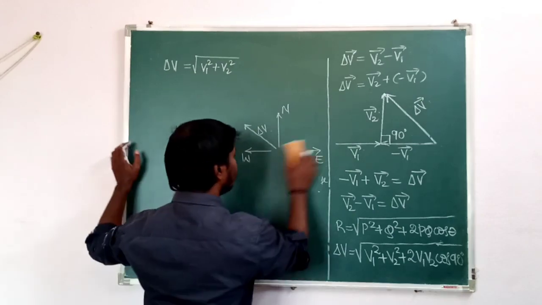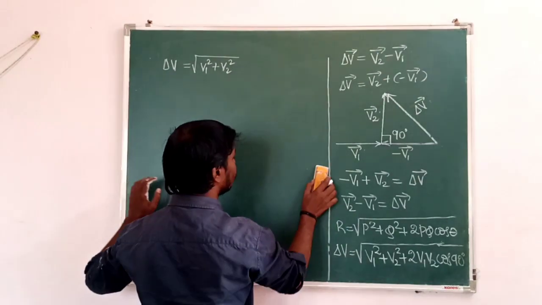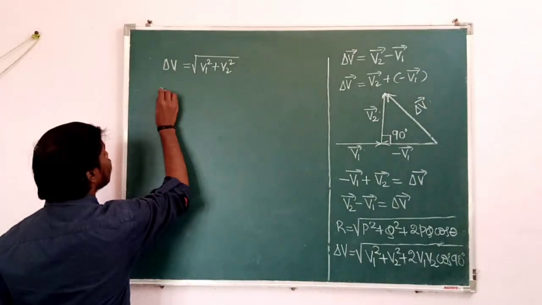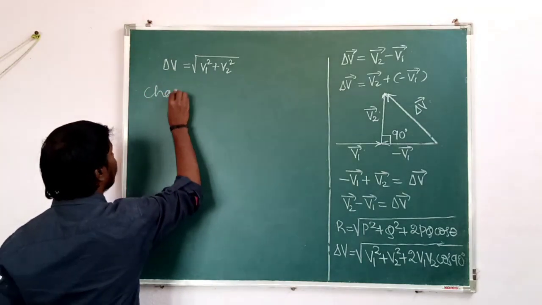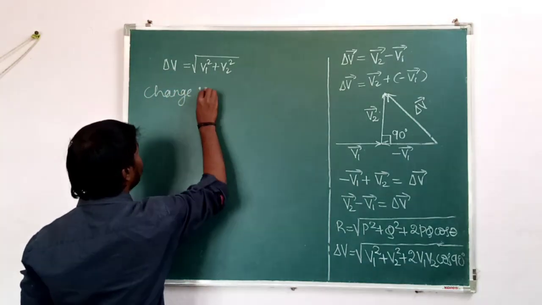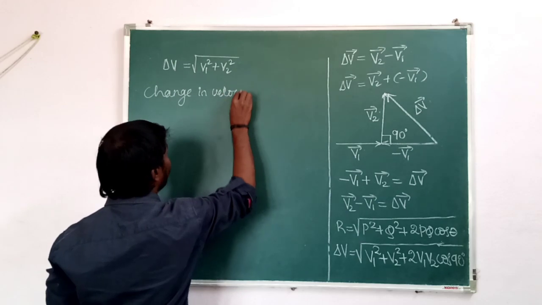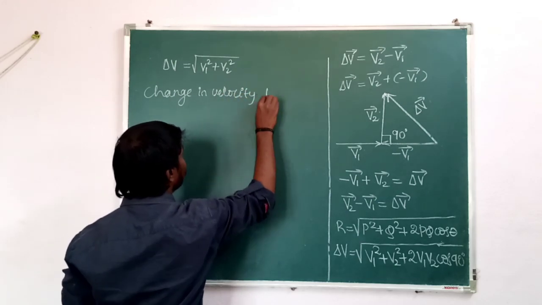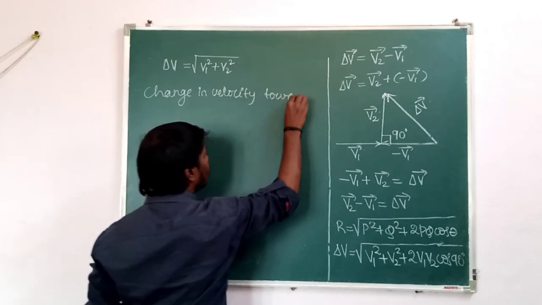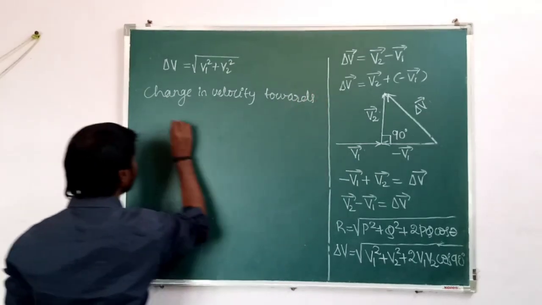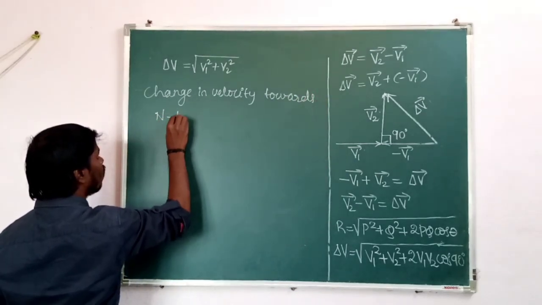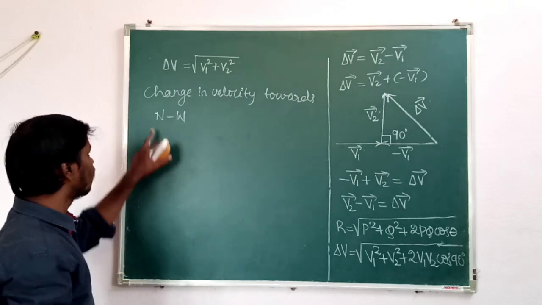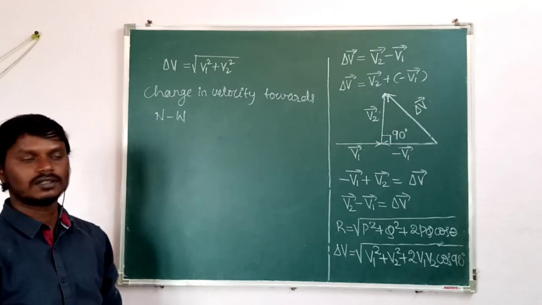So the change in velocity of the particle is towards northwest. N means north, W means west, northwest.